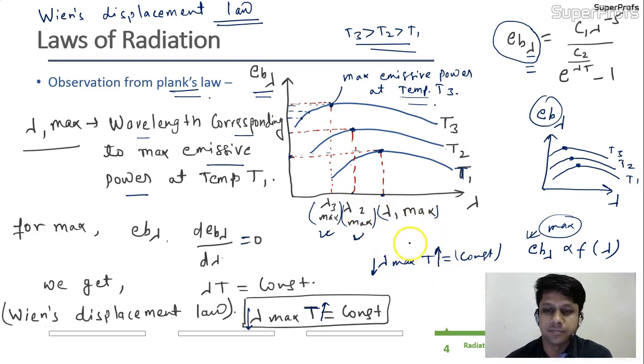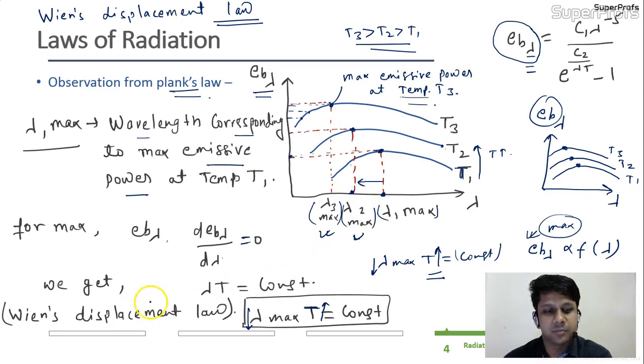Now come to this diagram. This is for T1, T2 and T3, where in this direction the temperature is increasing. So let us say at T1 this was the lambda max, right? Now let us say I'm increasing this temperature and we are going to T2. So when we are going to T2, you can easily observe this lambda max value has decreased. So from here it is shifting to this side.